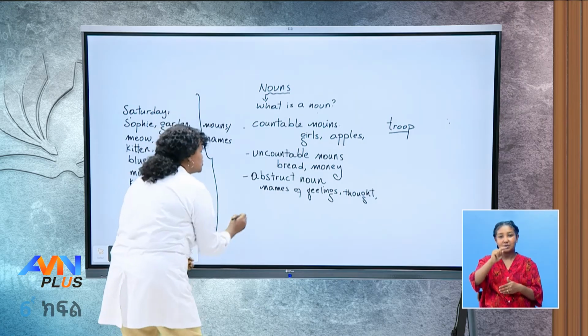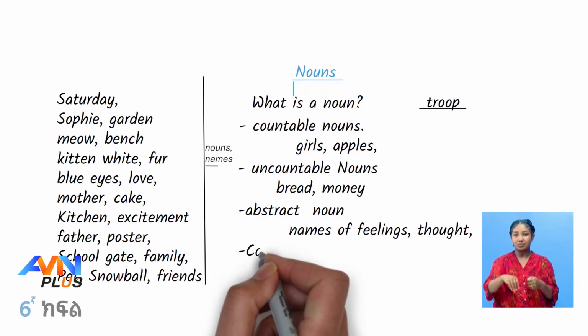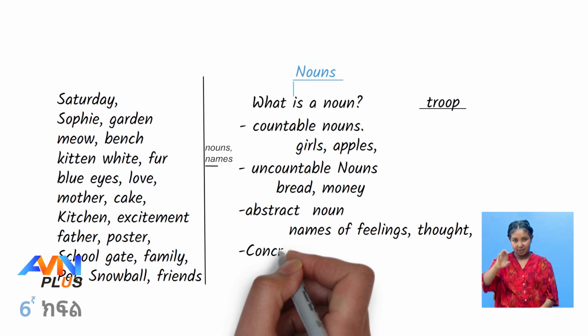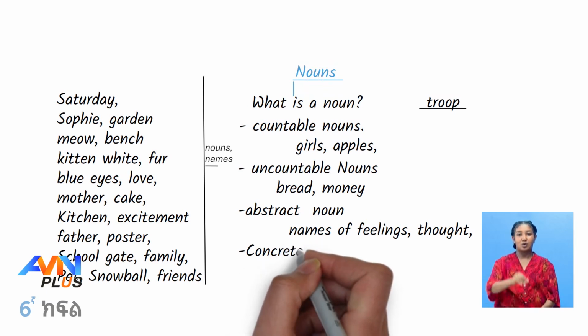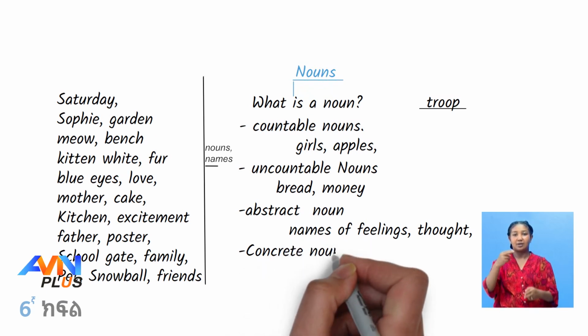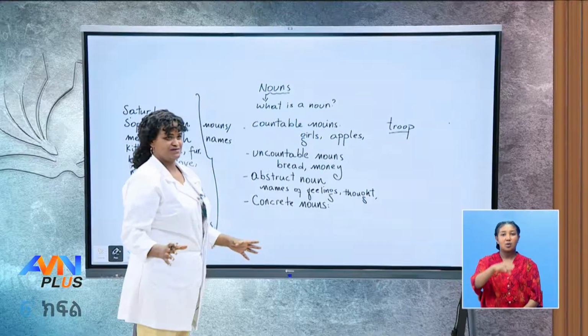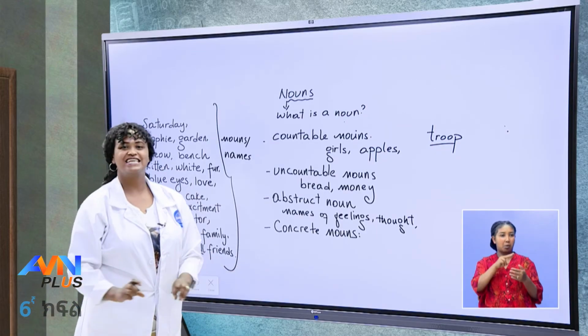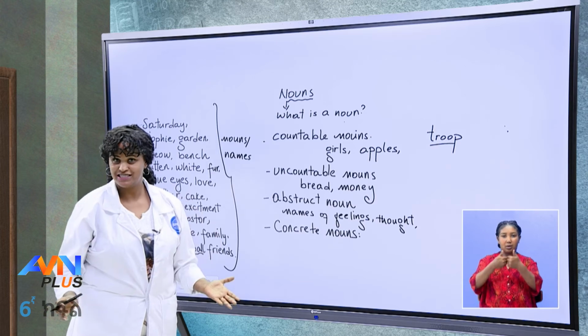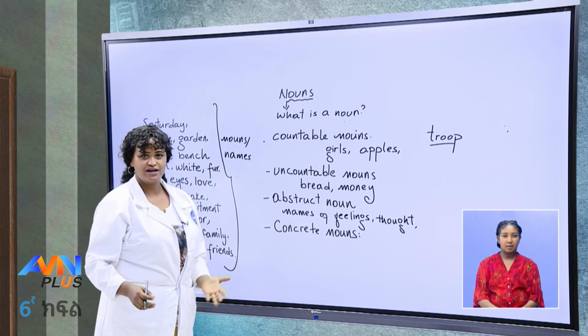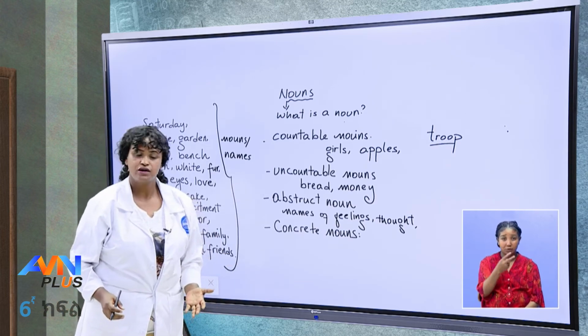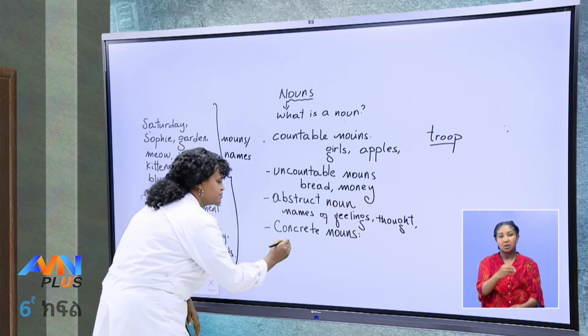Another one, the opposite of this one, concrete nouns. Concrete, easily seen, easily identified, right? Flower. Can you see a flower? Yes, you can. Grass.